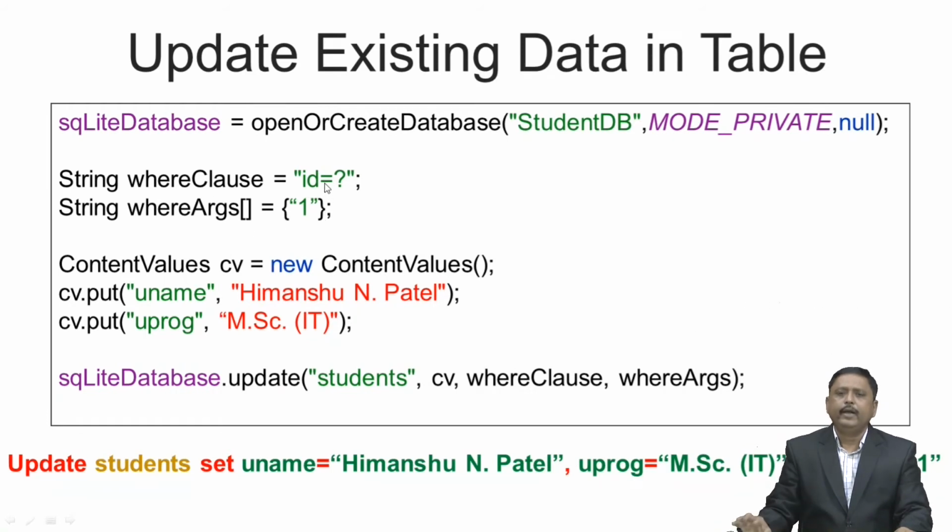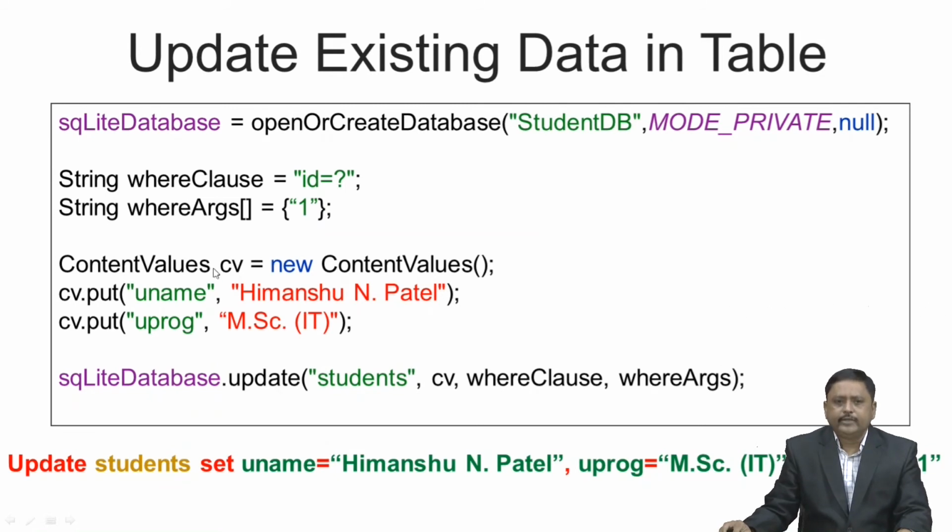Normally we specify the where clause as a primary key. So here I write ID is equal to, so that only one row is updated at a time, and the argument is 1. It means in the place of the question mark it is replaced by 1. So now it is ID is equal to 1 when executed.